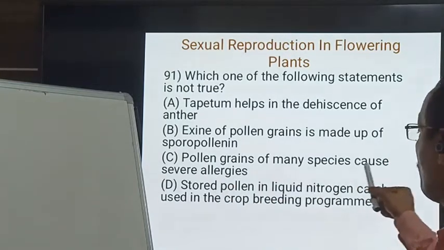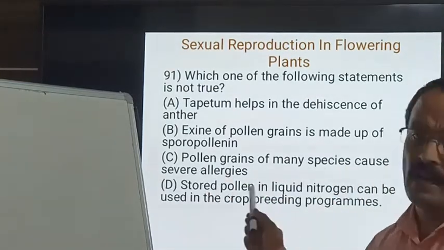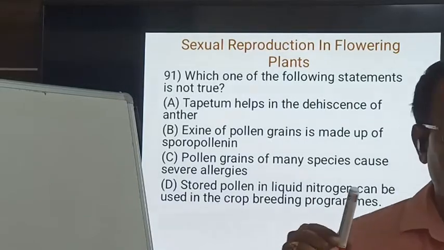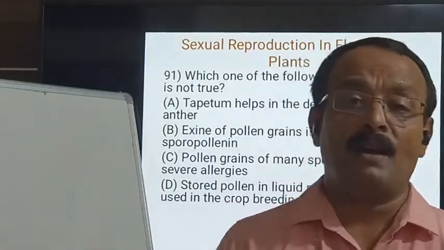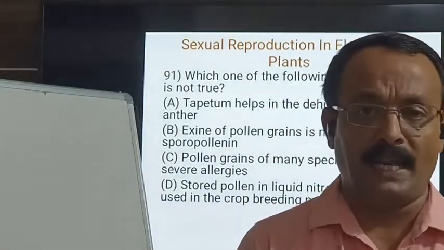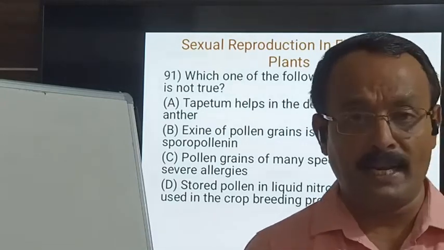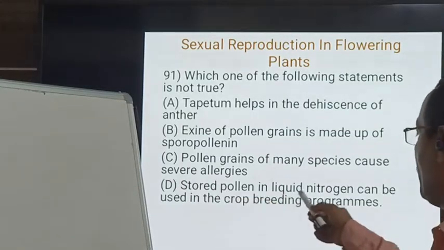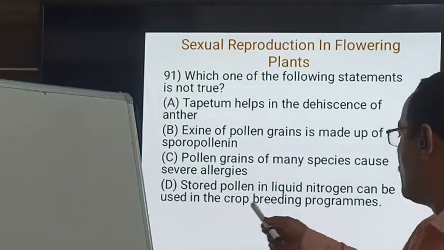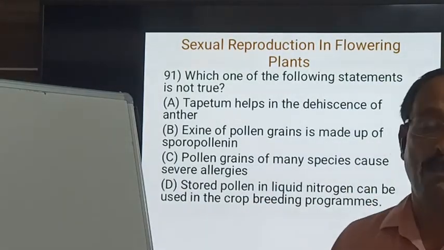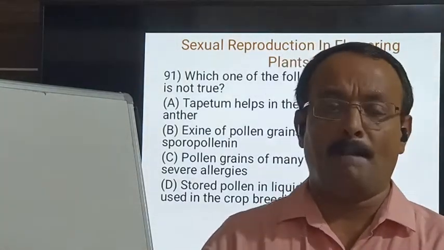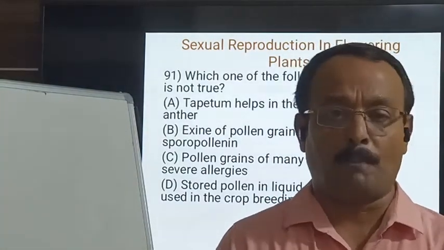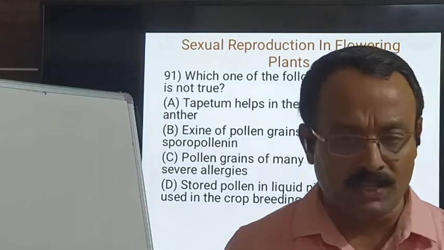Pollen grains of many species cause severe allergies. Of course, yes, especially the pollen grains of carrot grass, Parthenium. So it causes bronchitis and many allergic reactions. Stored pollen in liquid nitrogen can be used in crop breeding. Of course, yes. Like seed banks, there are pollen banks where they store the pollen grain at minus 196 degrees Celsius.